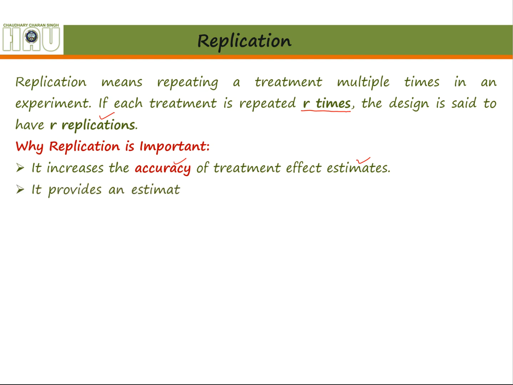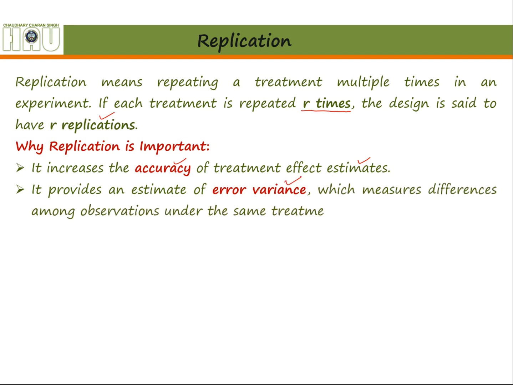Then it provides an estimate of error variance. It is very important. In an experiment, if you are not capable of estimating error variance, then you cannot draw meaningful inferences, which measures the differences among observations under the same treatment.